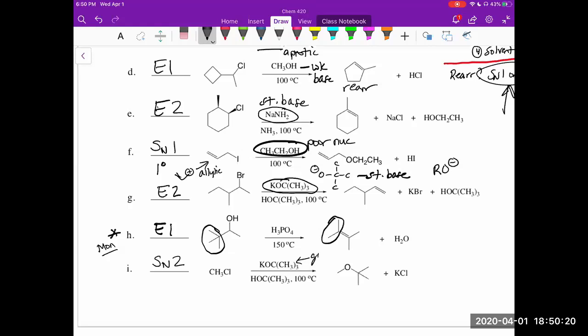So this is a good base. And remember, good bases are good nucleophiles. So you've got a good nucleophile. The real clue is right here. It's a methyl group. And methyl groups are great SN2 substrates. And you will not see a methyl group form a carbocation. They just don't happen. And so it's an SN2.